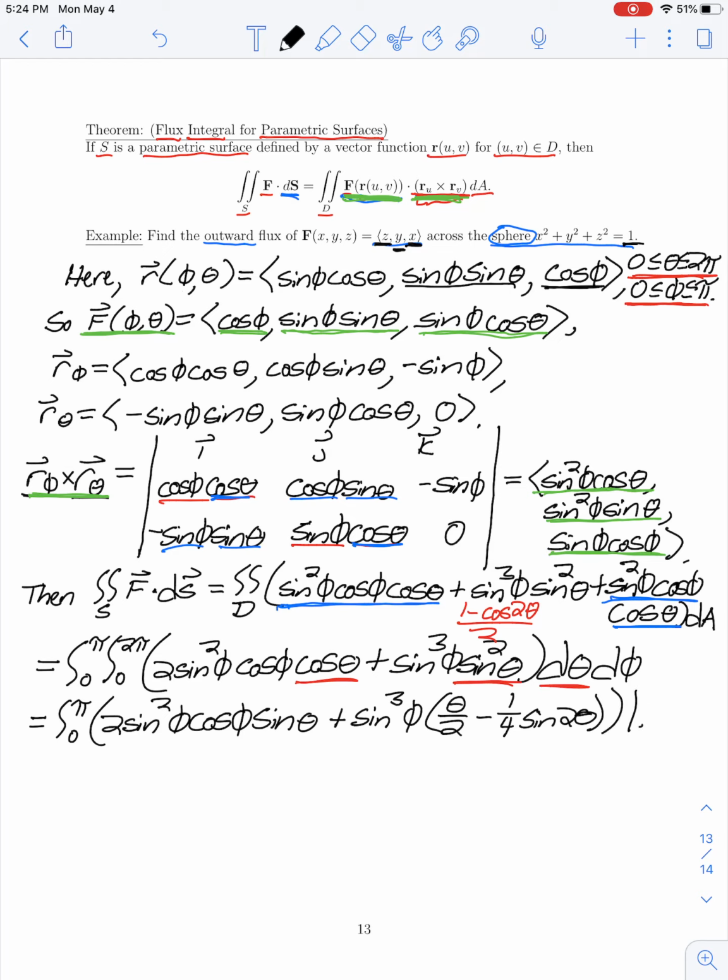We're evaluating then from theta equals 0 to 2 pi, and then integrating with respect to phi.